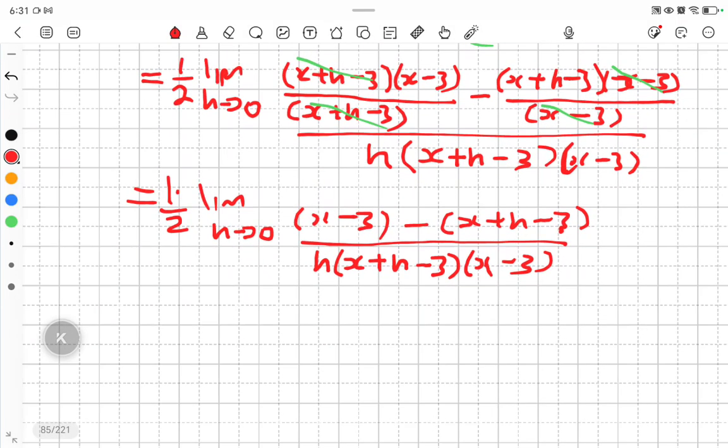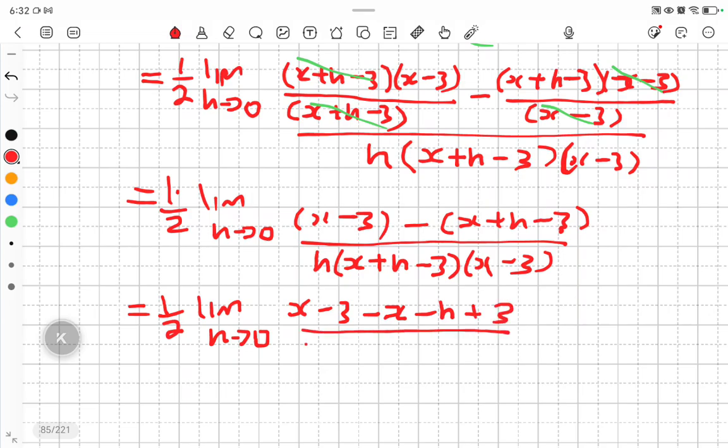And then this will be 1 over 2, the limit as h approaches 0 of x minus 3 minus x minus h plus 3, all over h times x plus h minus 3 times x minus 3.